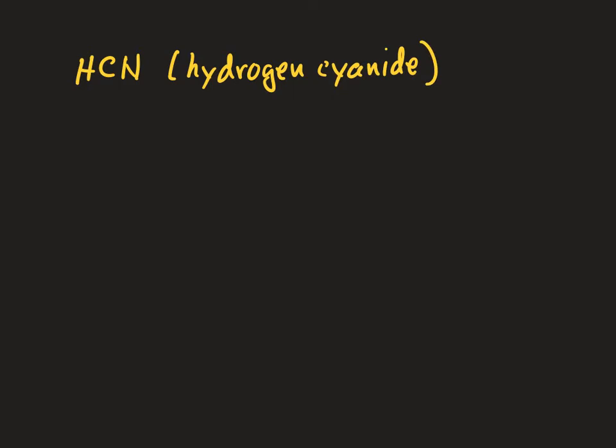Now let's consider HCN, or hydrogen cyanide, a very poisonous gas. Now, I will tell you that in this case, the formula is telling us something about the relationship. And so there is the connected structure.